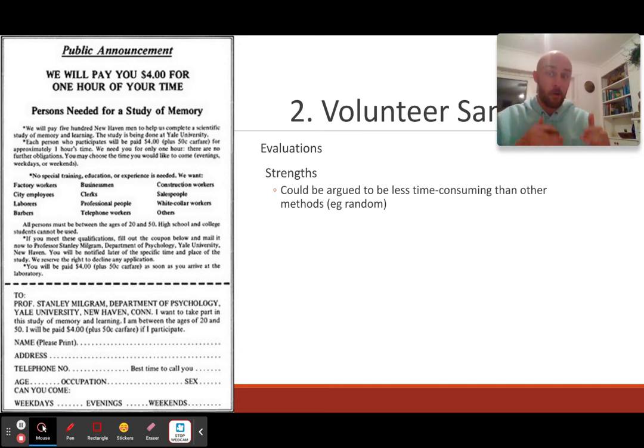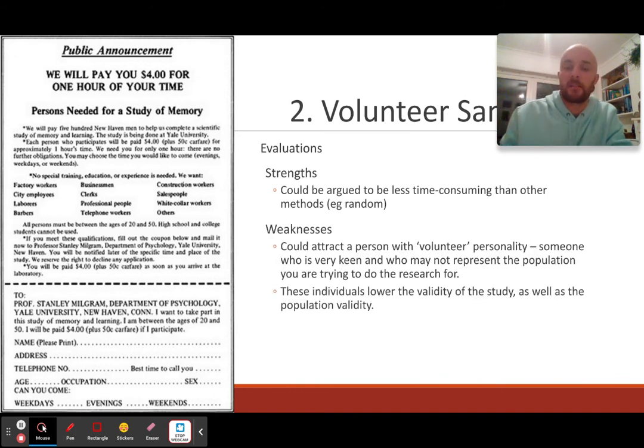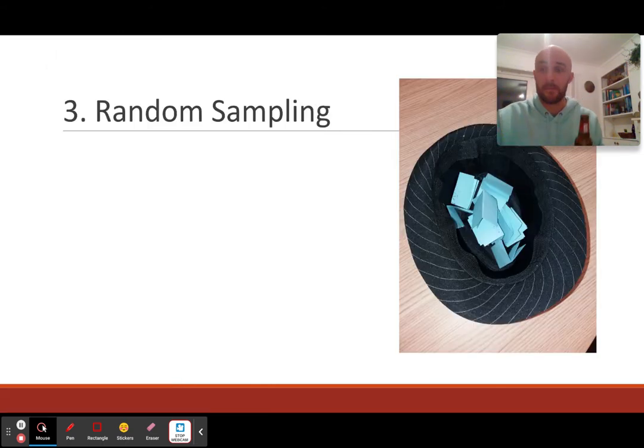So the dropout rate, or rather the attrition rate, tends to be quite small in volunteer sampling, which is fantastic. But as I said, it does attract a certain type of person, which lowers the validity of the study as well as the population validity, because you're not getting every single person. And it's incredibly biased, by the way, but more on that later.